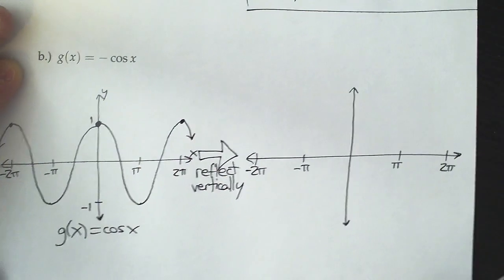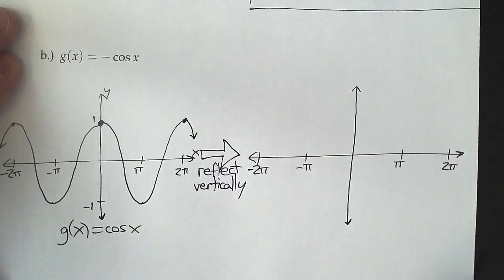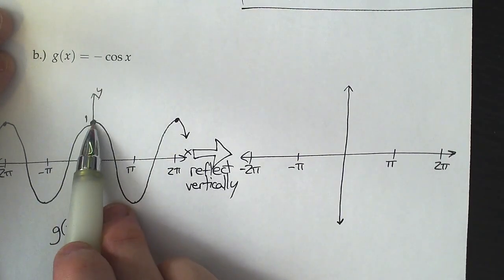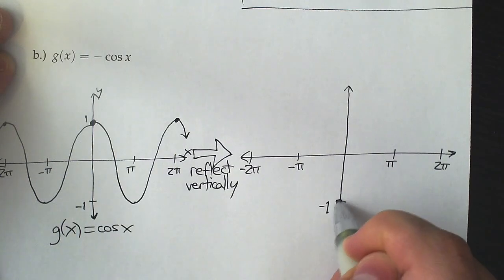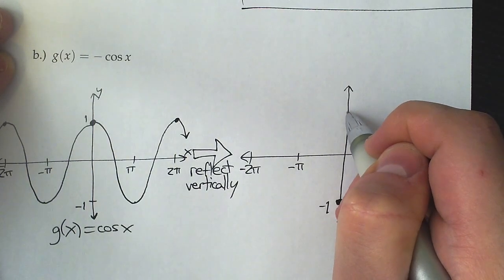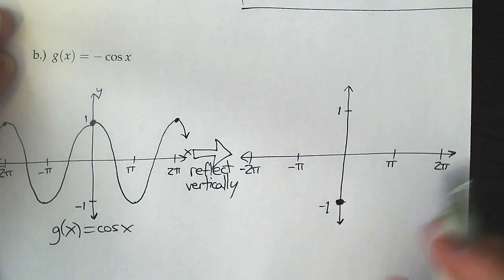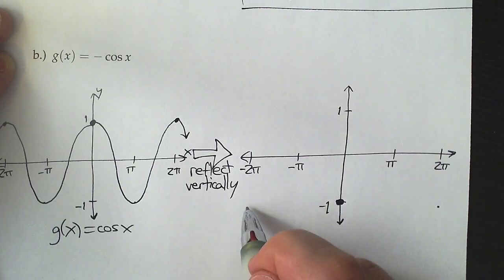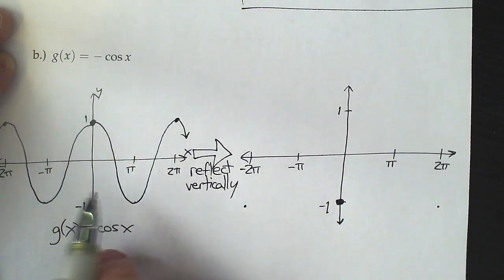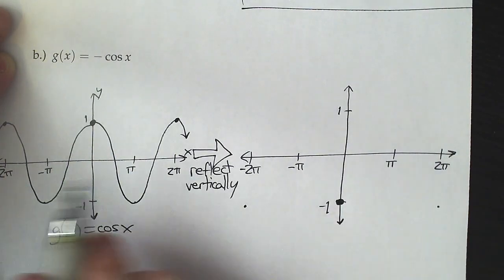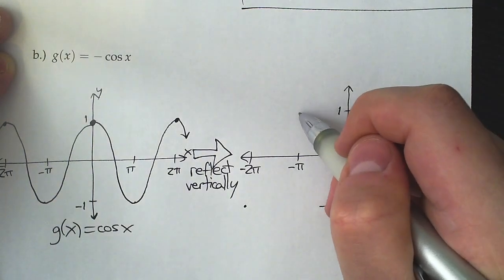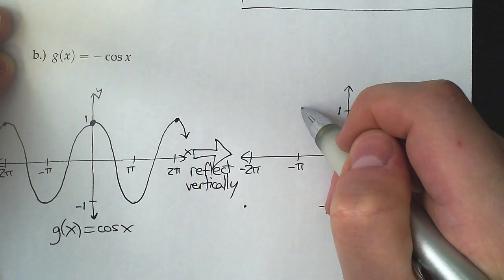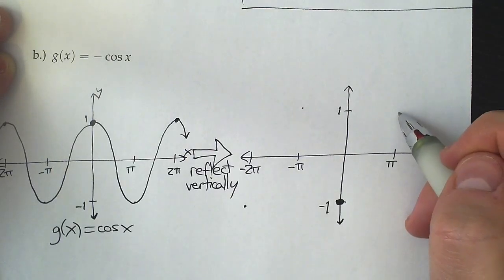So we want to take this picture and flip it vertically. So instead of a y-intercept of 1, this one will have a y-intercept of negative 1. So I'll put a dot down there. I do think it helps that we drew cosine first so that we can refer to it as we flip it. Let's have a point up here and here.